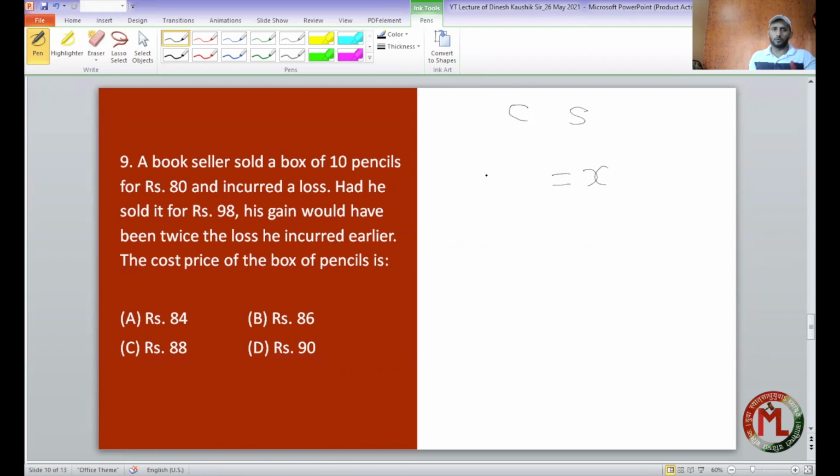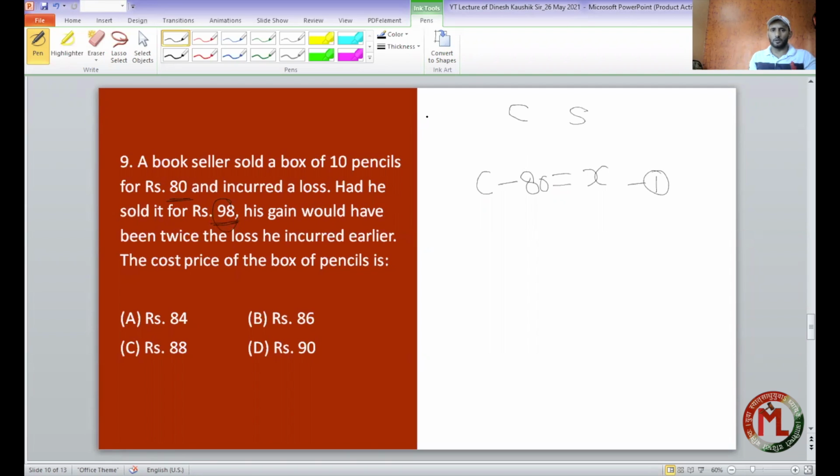Loss is equal to cost minus selling. So earlier the selling price was 80 rupees. This is my first equation. Now he is selling at 98 rupees, then he is making a profit.